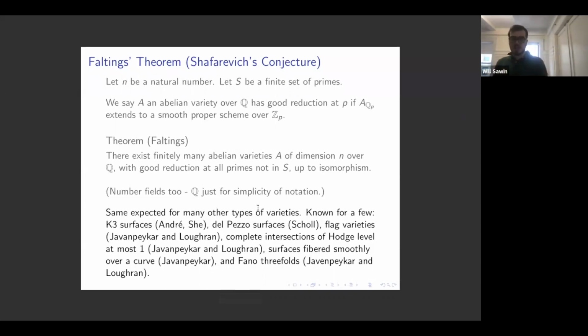The main ones being K3 surfaces, del Pezzo surfaces, flag varieties, certain complete intersections, surfaces fibered smoothly over a curve, and Fano threefolds. For a lot of these, the method of proof uses Faltings' theorem in a fundamental way. The key strategy is that from one of these varieties, like from a K3 surface or from certain complete intersections, you can construct an abelian variety by geometric means.